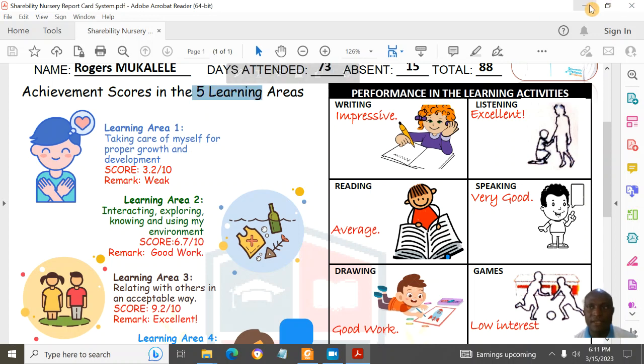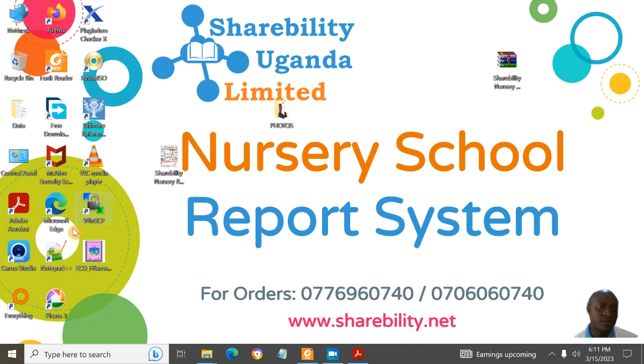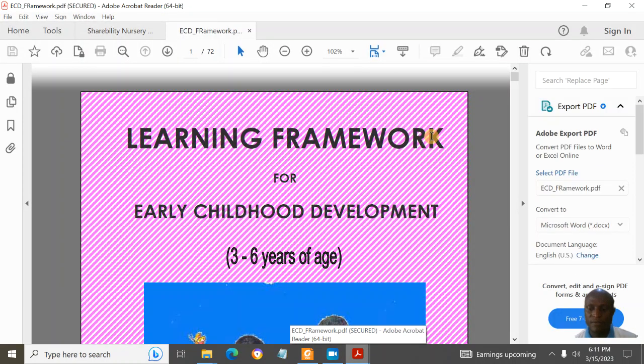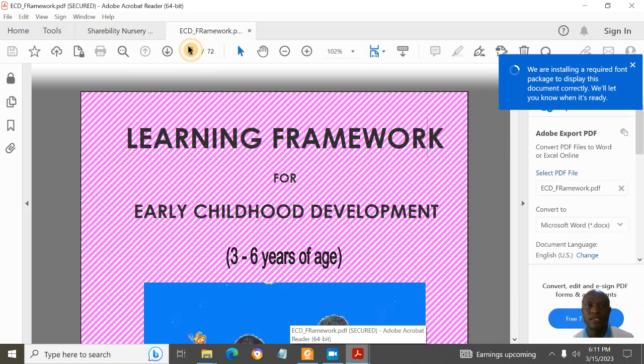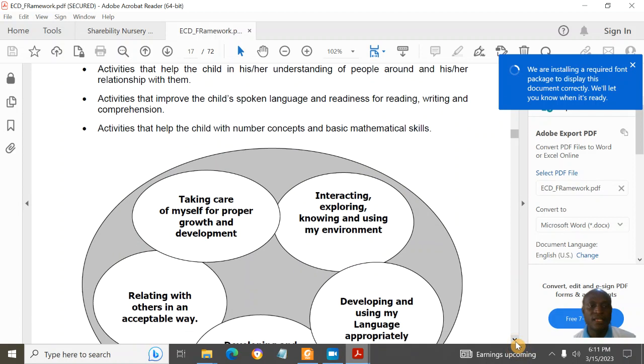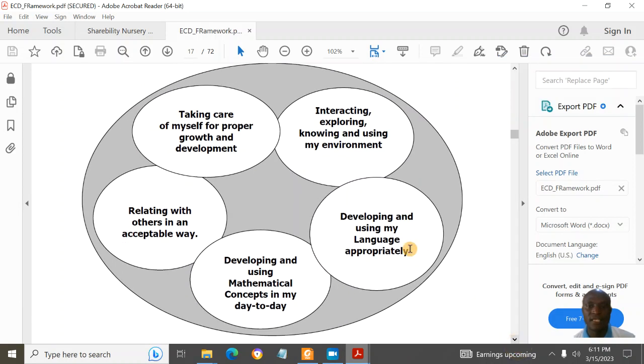These learning areas have been adopted from the ECD framework that can be obtained from the NCDC website. So there's this early learning framework from NCDC. If you visit this framework around page 17, you'll see the learning areas.